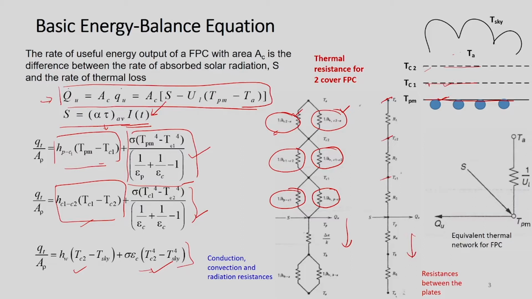If we combine all, we get UL, which is nothing but UT plus UB plus US, which has already been demonstrated, along with how UT can be calculated. So this is the overall loss coefficient, and this is the equivalent thermal network for an FPC considered in this discussion. Now let us understand the temperature profile.